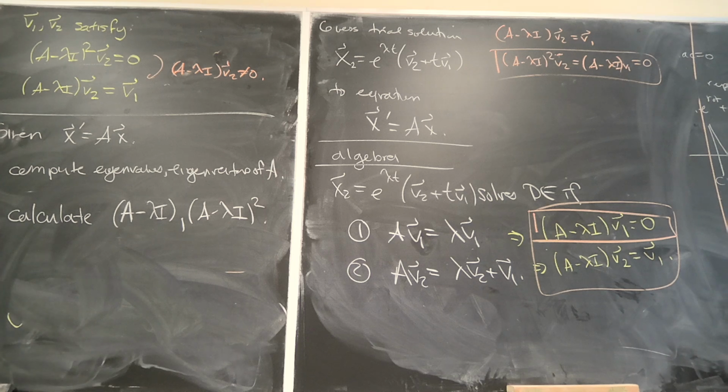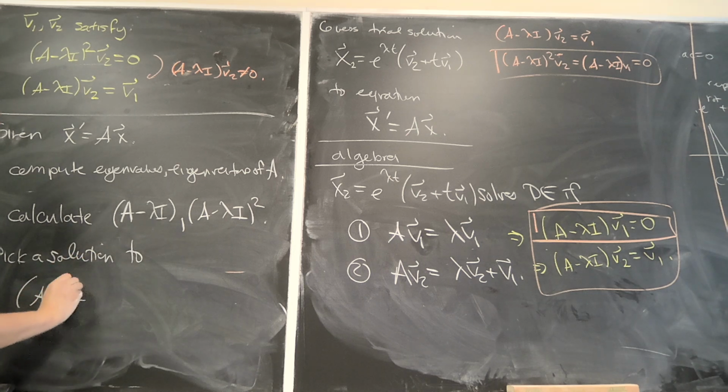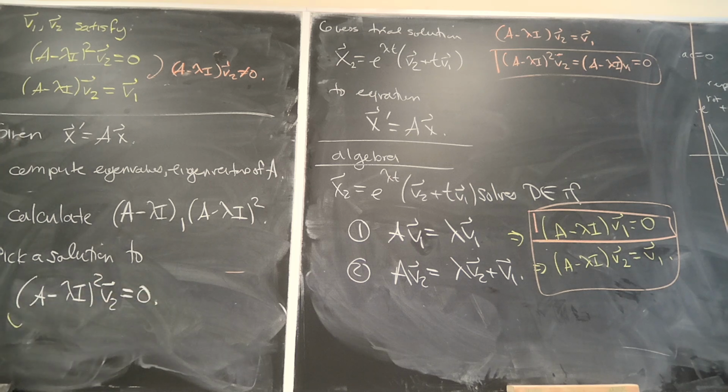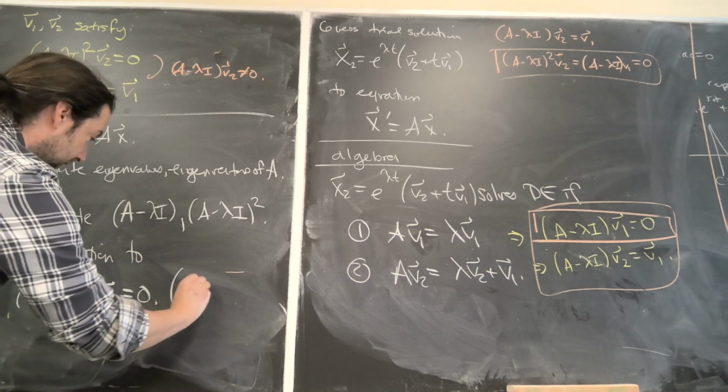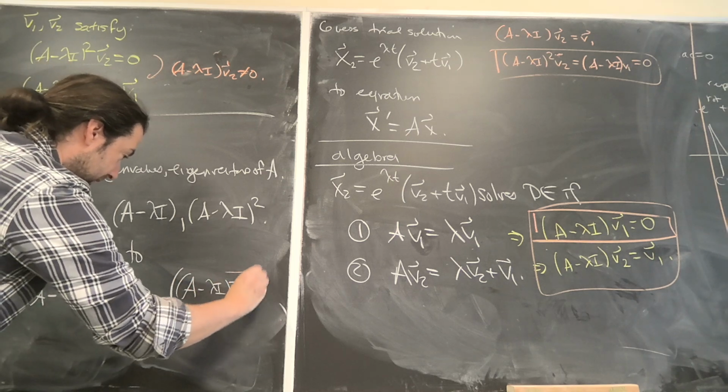Step 3, pick a solution to (A minus lambda I) squared v2 is equal to 0. You just pick v2 that makes that true, as long as (A minus lambda I) v2 is not equal to 0.